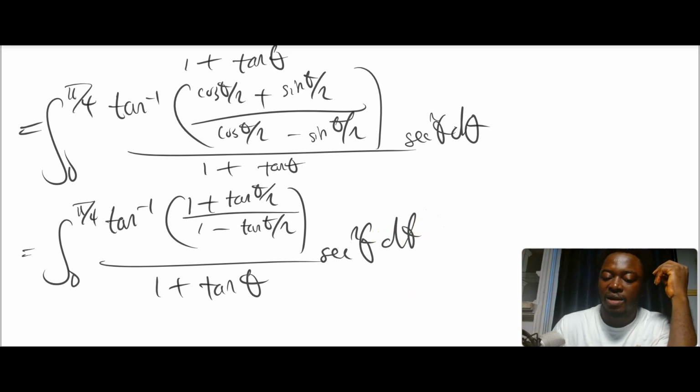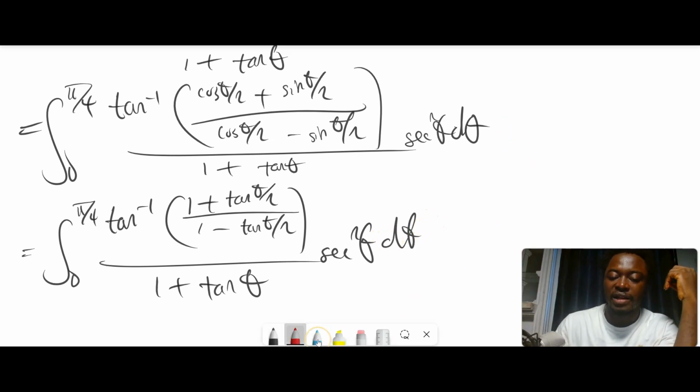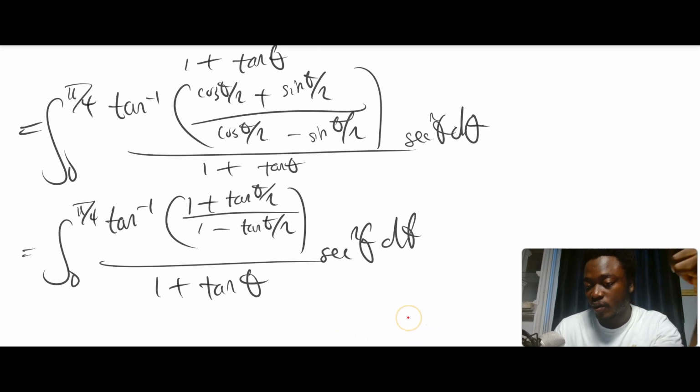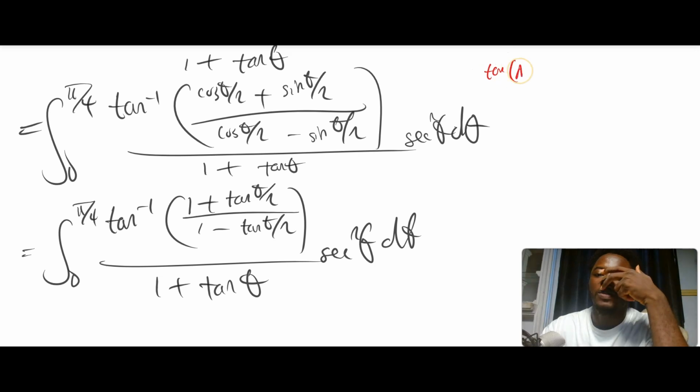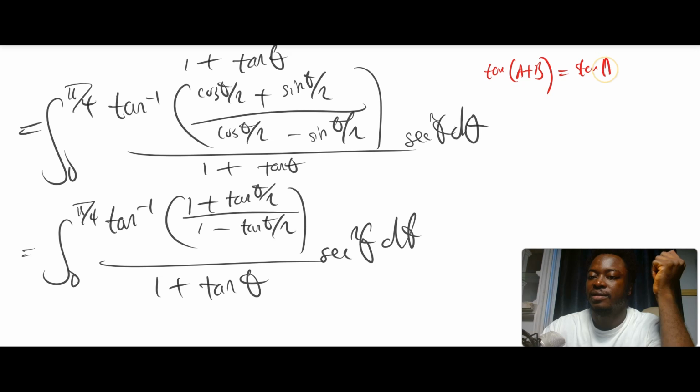And if you remember your trig identities, again you see everything here is boiling down to trig identities. If you remember that tan of a plus b is equal to tan a plus tan b divided by 1 minus tan a tan b.